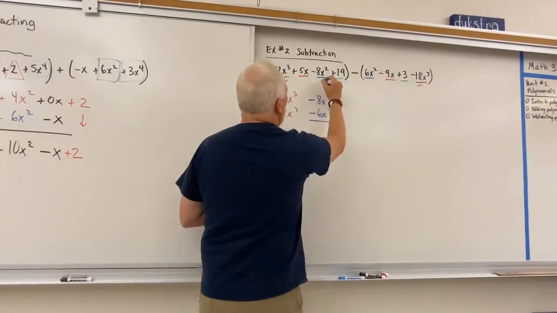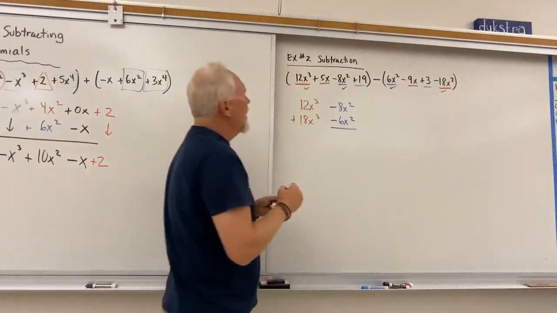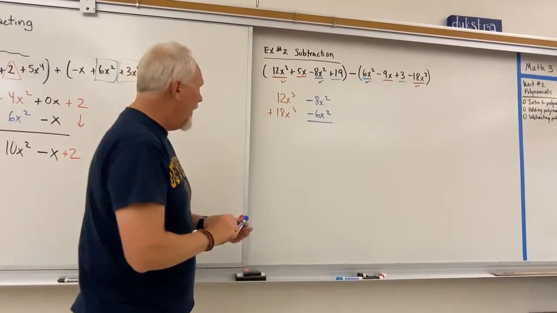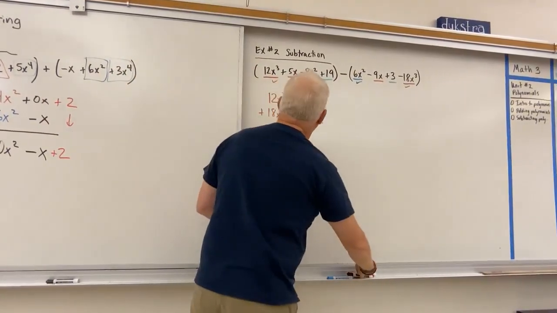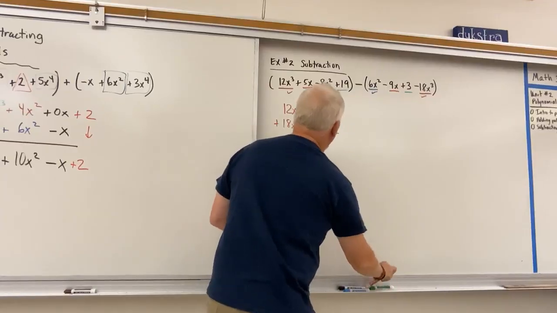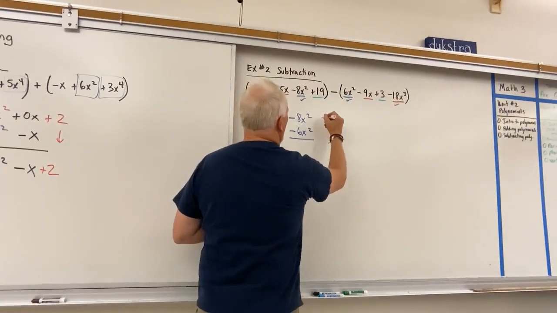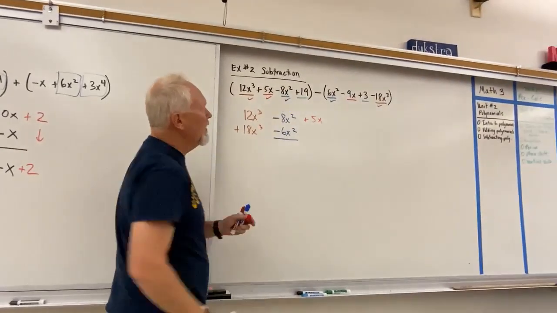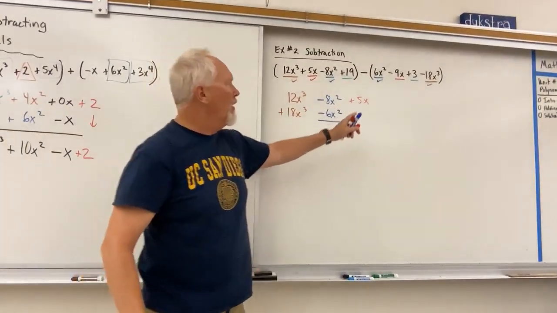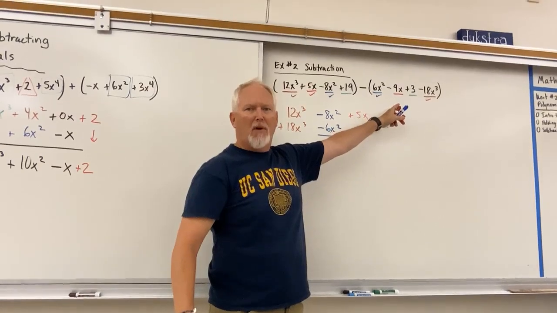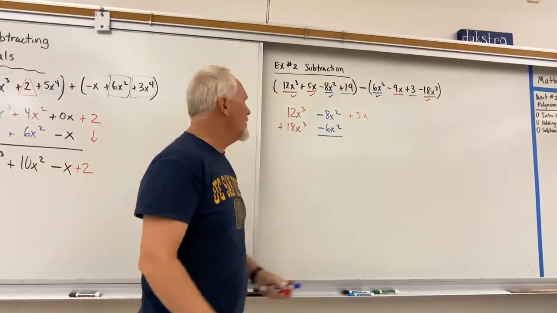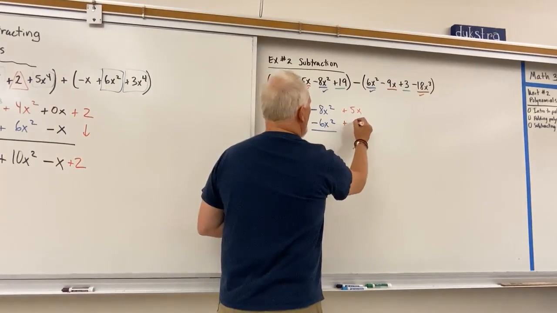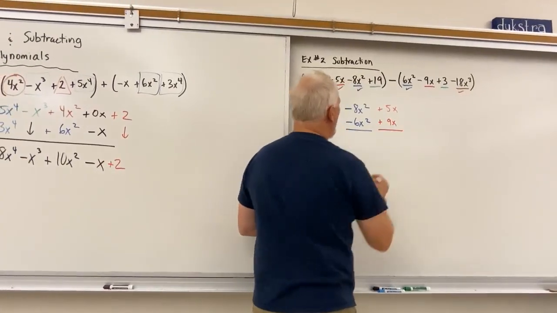So those are done. And then I've got a 5x, right? So we have a 5x, put that in red, plus 5x. That's that one. And now I've got over here, it's a minus times a minus, which is a plus. So plus 9x. Okay.